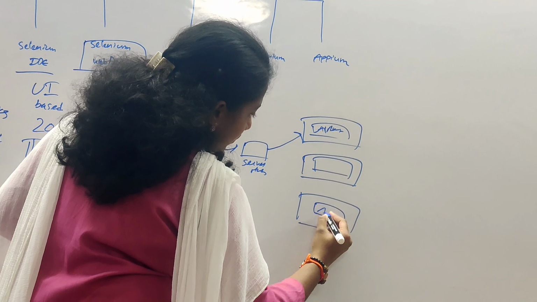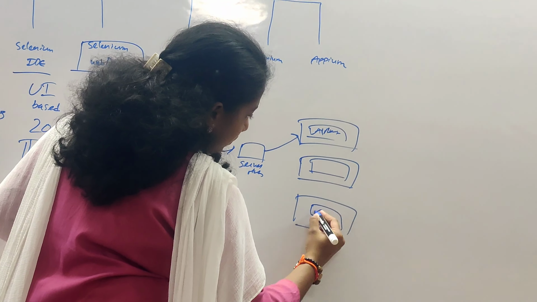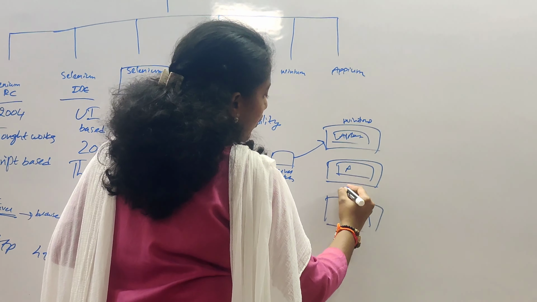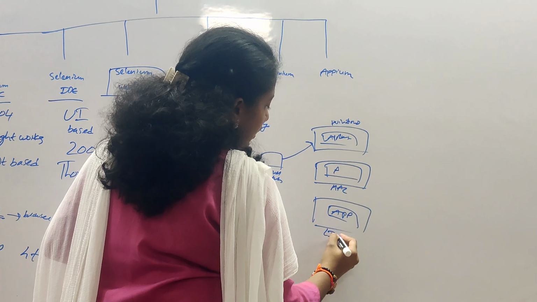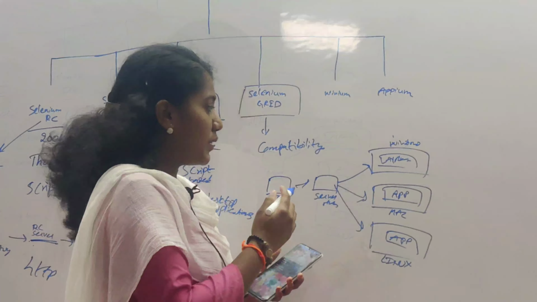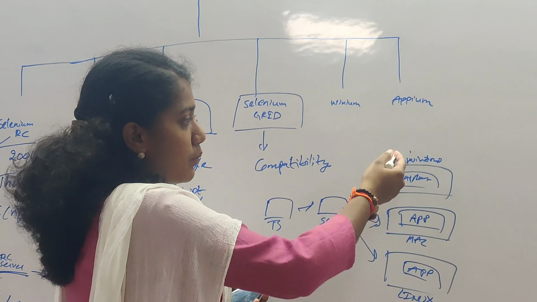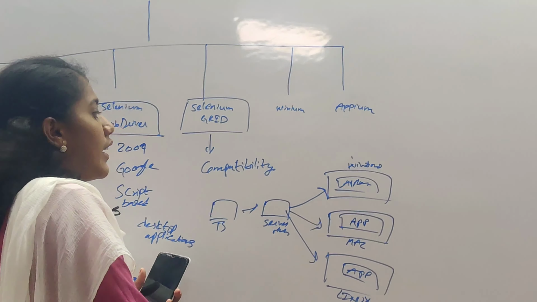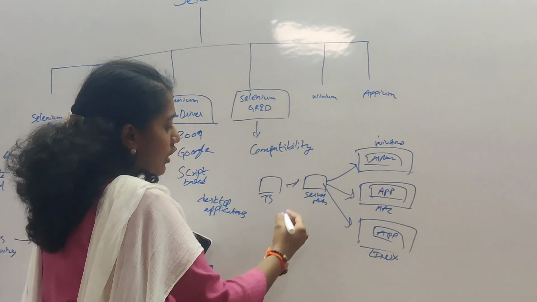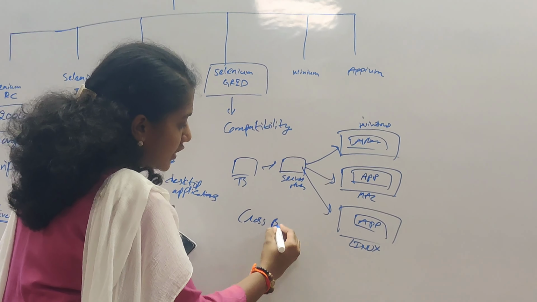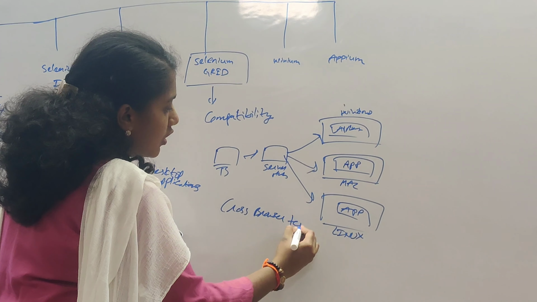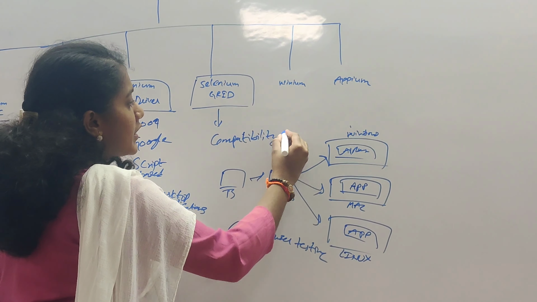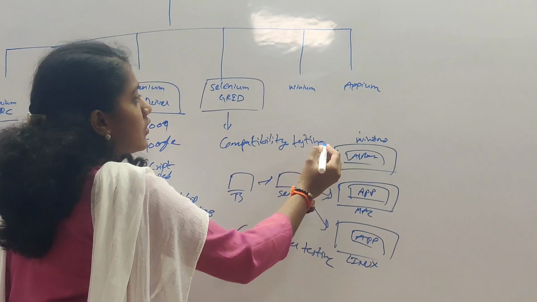We will be checking the application in multiple operating systems, like Windows, Mac as well as Linux, and it is also known as cross browser testing in automation, whereas we call it compatibility testing in manual.